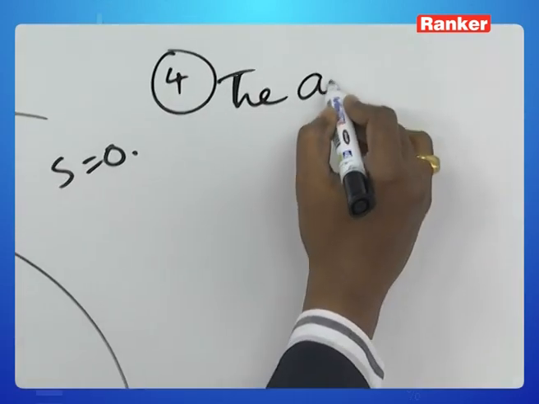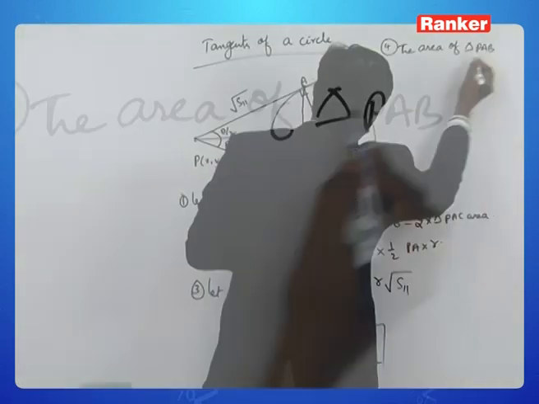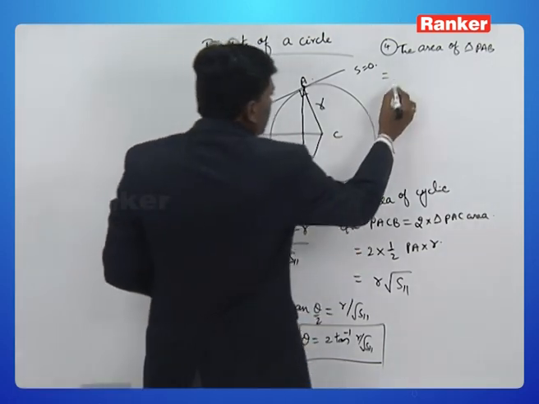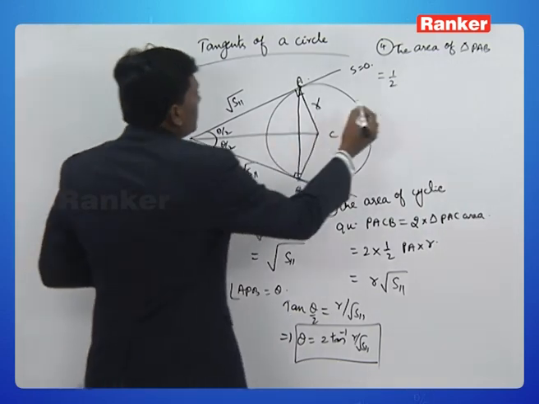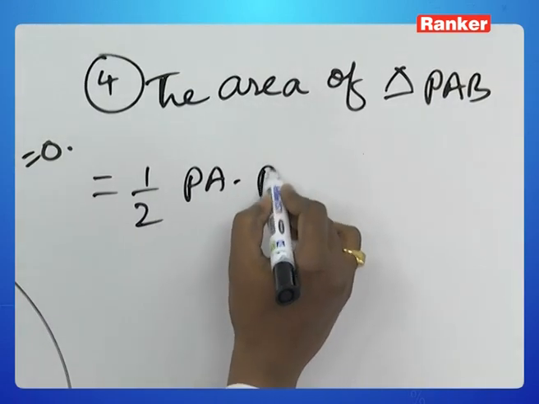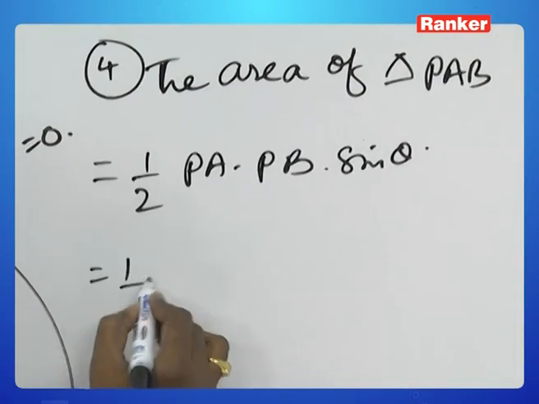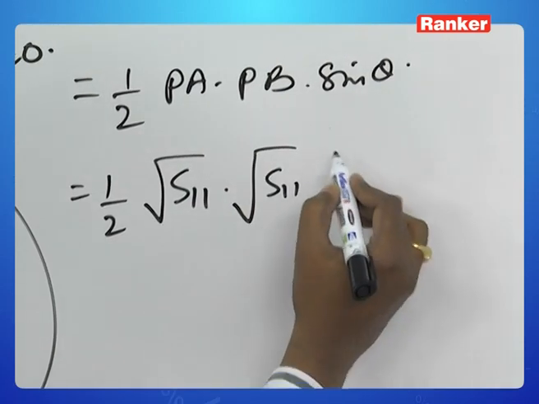The area of triangle PAB equals, I am using the sine formula for finding this area of triangle, half into PA into PB into sine theta, which is half into S11 into sine theta.